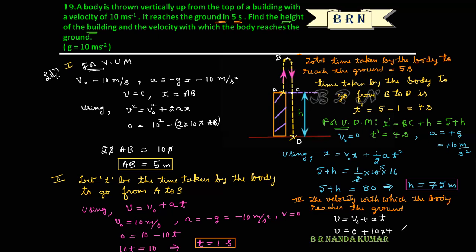So this is 40 meter per second. V is equal to 40 meter per second. The velocity with which the body reaches the ground is 40 meter per second.